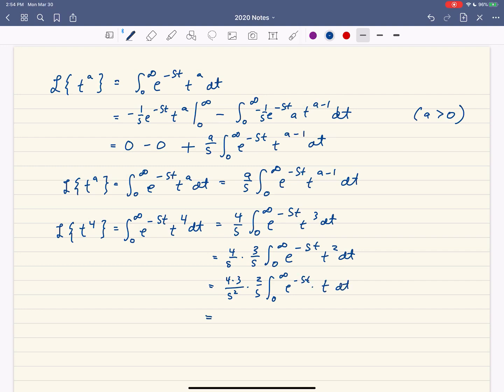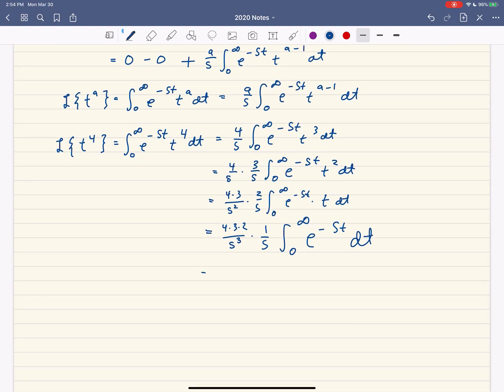And altogether, this is going to be 4 times 3 times 2 over s cubed times 1 over s, integral from 0 to infinity, e to the negative st, t to the 0 dt. And that's going to end up being e to the negative st. If we integrate that, that's the Laplace transform of 1. So that's going to be another 1 over s.